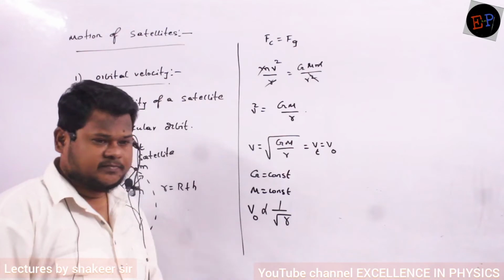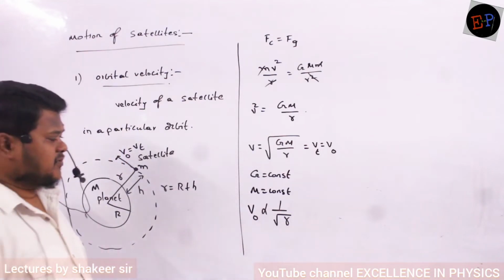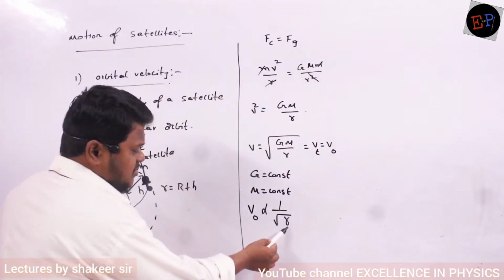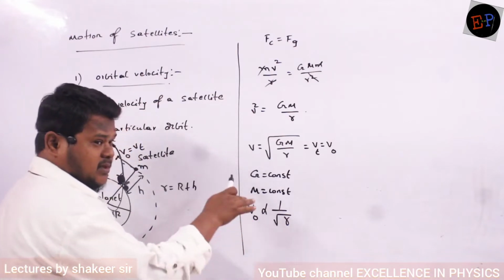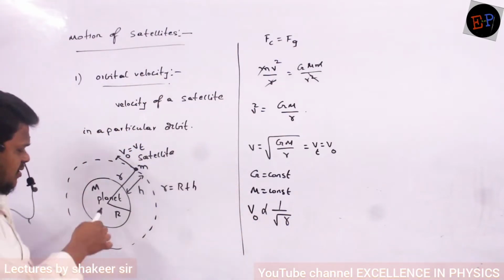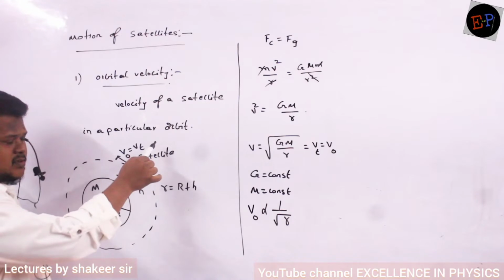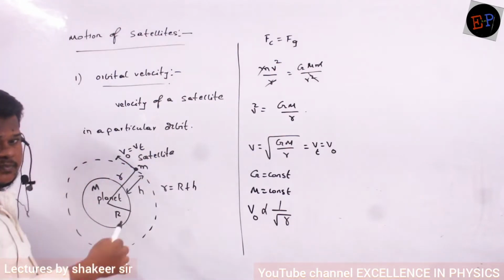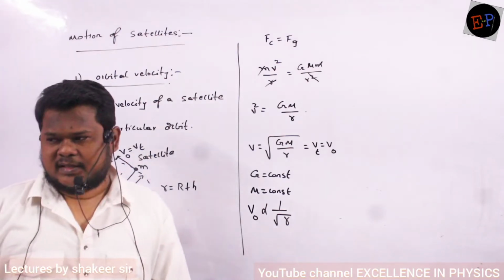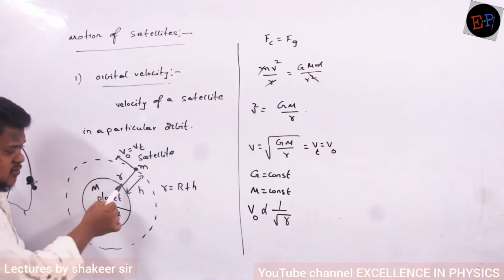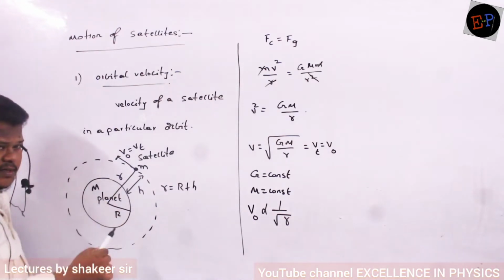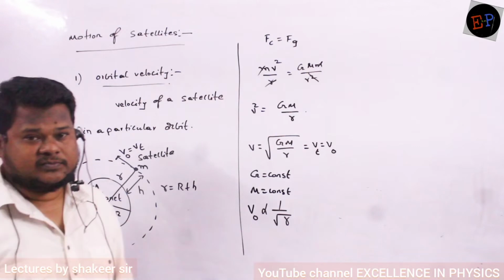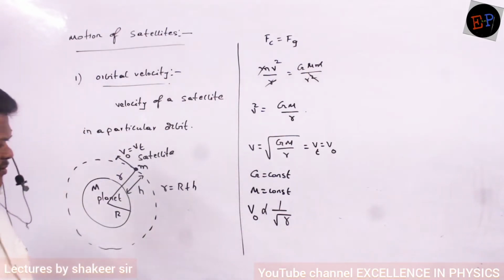So what do you understand? If radius increases, velocity should decrease. So when a satellite is rotating at a very large distance, it should be rotating very slowly, because they are inversely proportional to each other. And when a satellite is very close to the Earth, then the speed of the satellite should be very large. Are you able to understand? That's it. Make a note up to here.